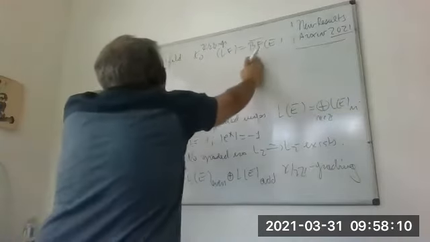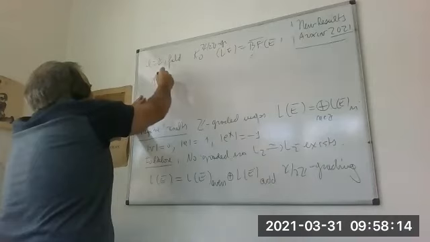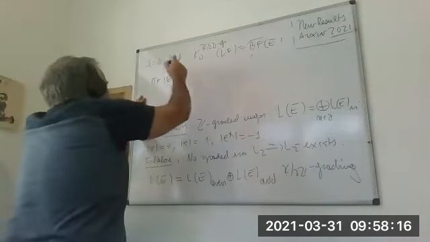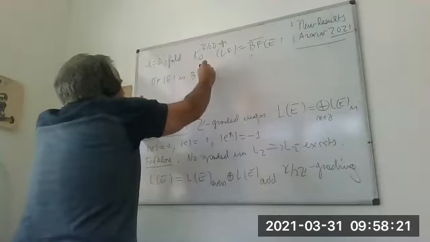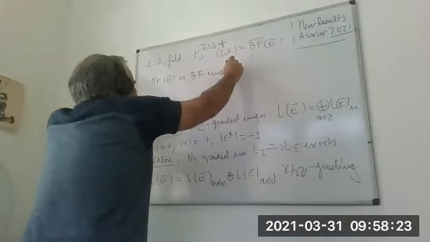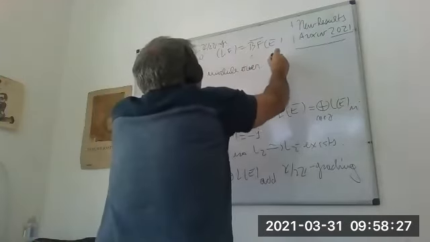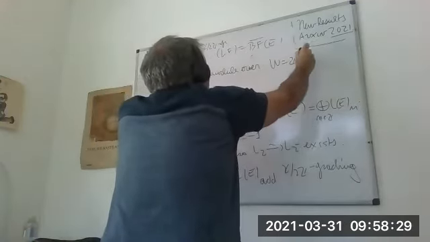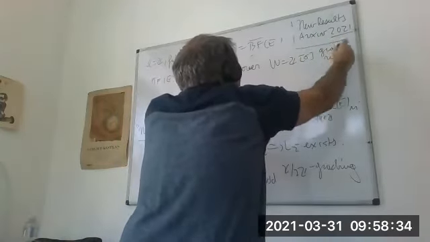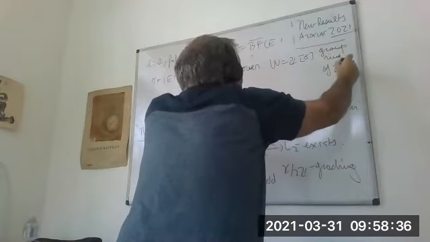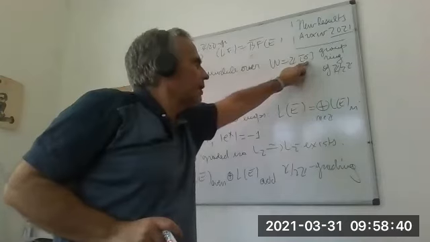The bar here means the Bowen-Franks module over the ring W, the group ring of Z mod 2Z.